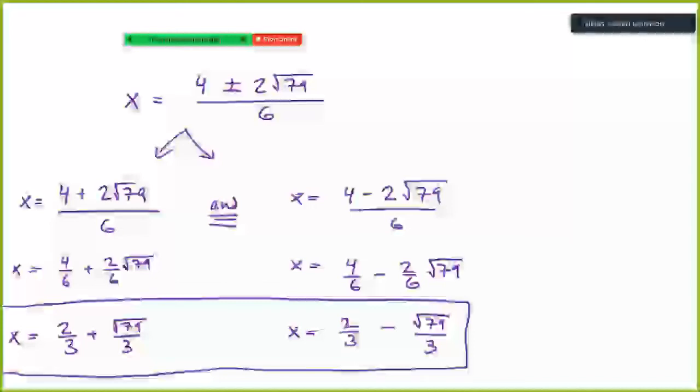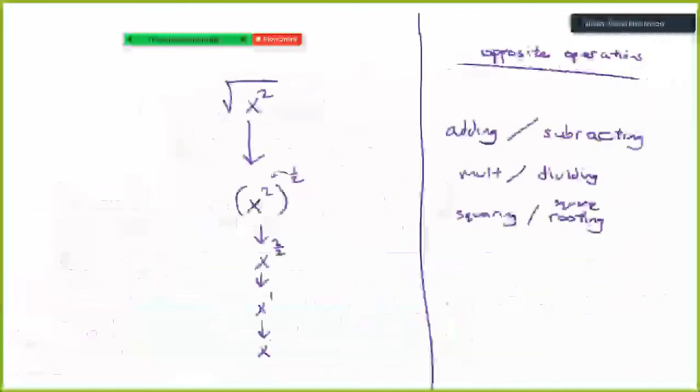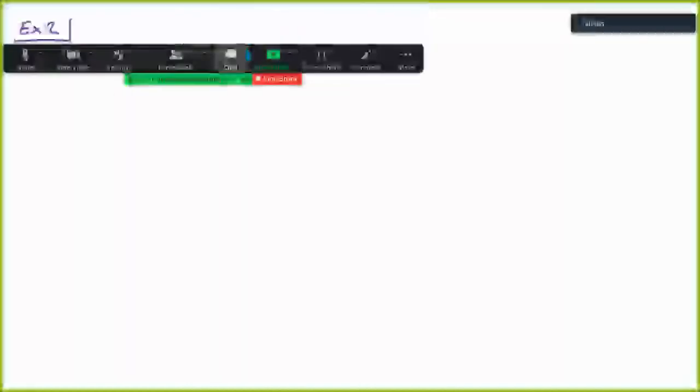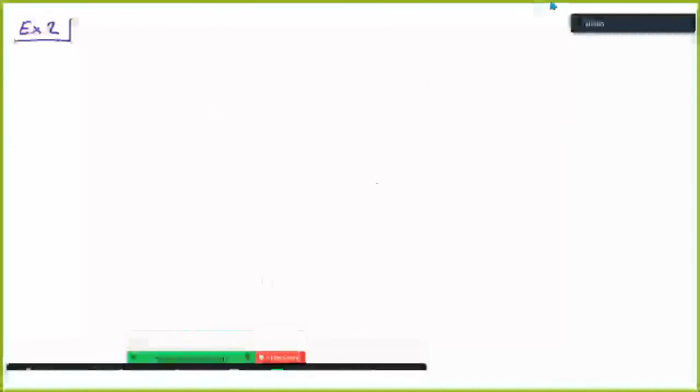Okay, here we go. Let's try another one. Example 2. Okay, let's try this. Negative 2x squared minus 5x plus 11 equals 0.